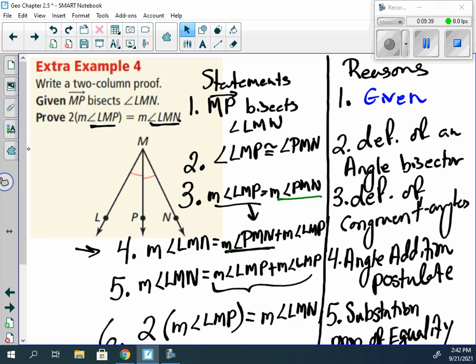But then we defined the whole angle, because we needed the whole angle, as its 2 parts. Okay, well, I do know that one of the parts are the same, so I replaced it, simplified, and we were done. So it's just really using the definitions and postulates that we have and combining them to show that this is true and working through it. Any questions on this here?